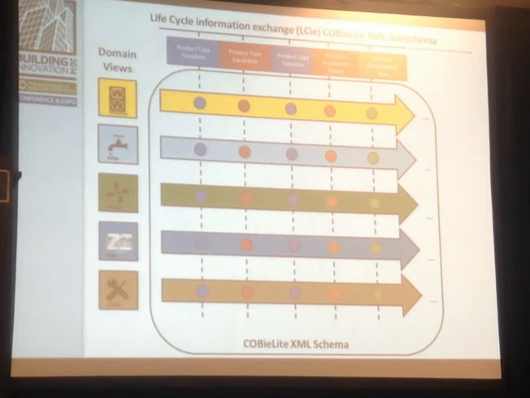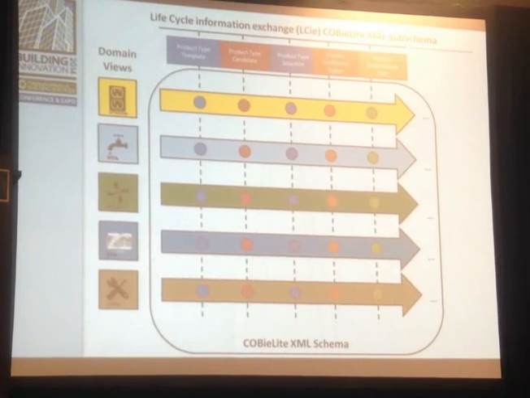In the NIBS version 3, we introduced the COBIe Light XML schema, and we designed that against the National Information Exchange Model, NIEM, standard, and that's been a really helpful way for us to reuse our own schema.